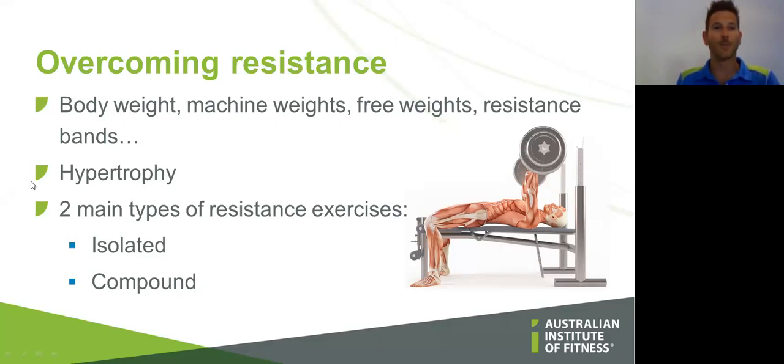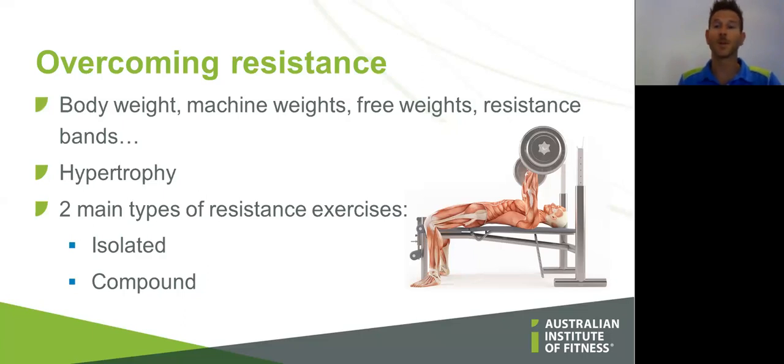When we start overcoming resistance, we start looking at a thing called hypertrophy. Hypertrophy is the term we give to muscle growth over time. As we increase muscle growth, the hypertrophy increases, and this allows a lot of different aspects to change in the body. We can get strength gains, we can get more fat loss, and it allows the body to be a lot more efficient as well.